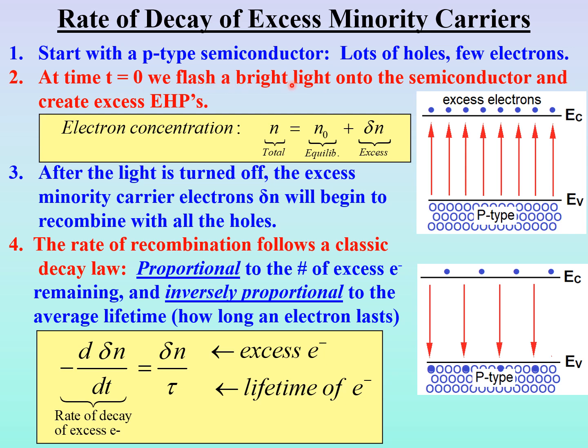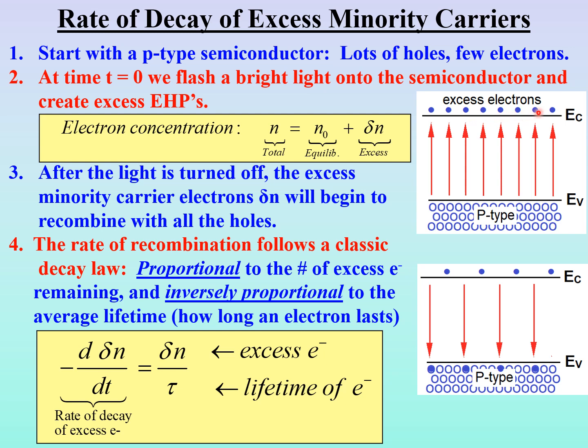Remember, when we flash a light on a semiconductor, those photons get absorbed and we create excess electron hole pairs by that generation process. So that's shown here. Because of that light pulse, electrons have jumped up into the conduction band.